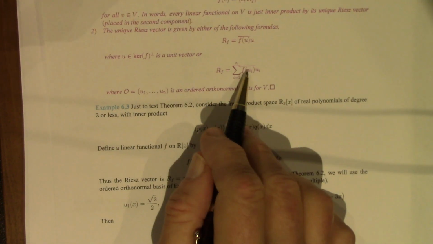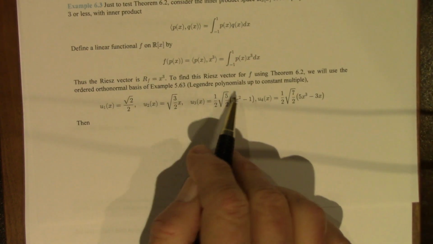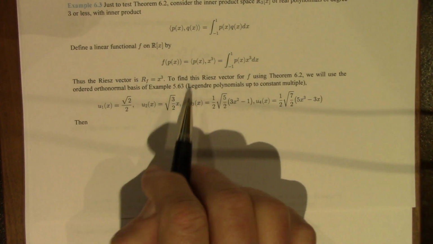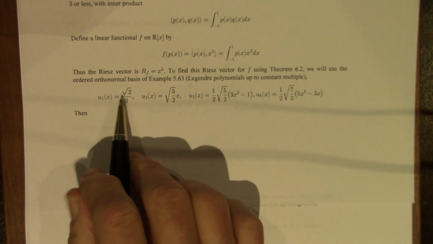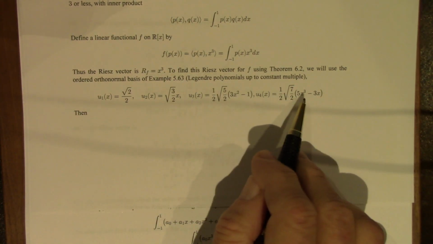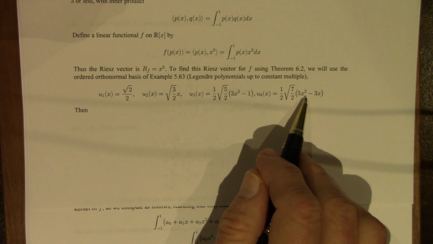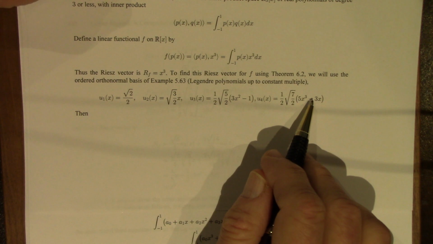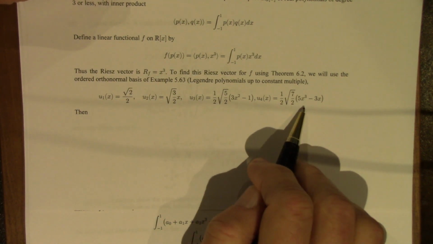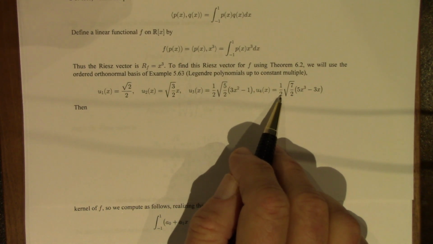So we'll go with the second formula first. Back in example 5.63, we produced this orthonormal set of vectors by starting with the standard basis vectors 1, x, x squared, x cubed, and applying the Gram-Schmidt process. These are almost the Legendre polynomials.